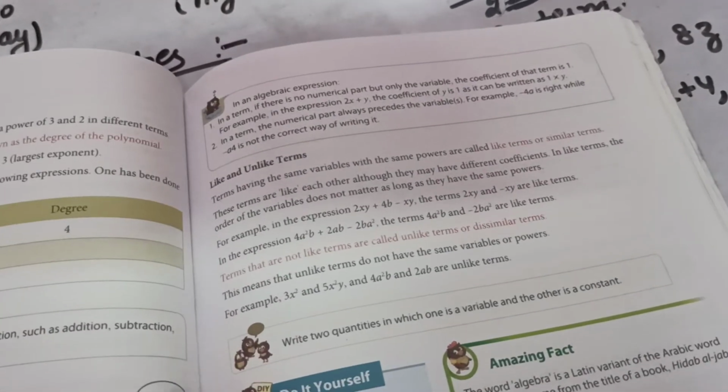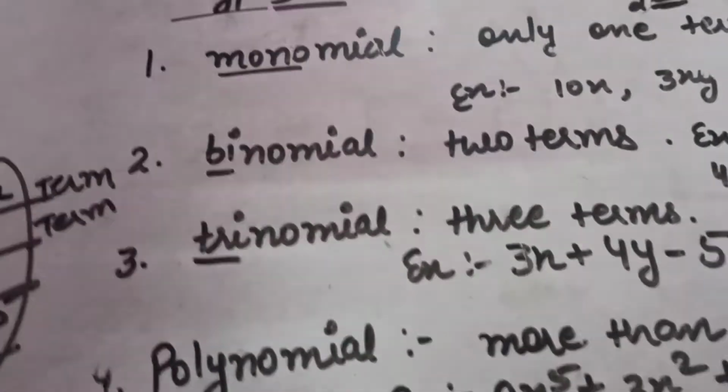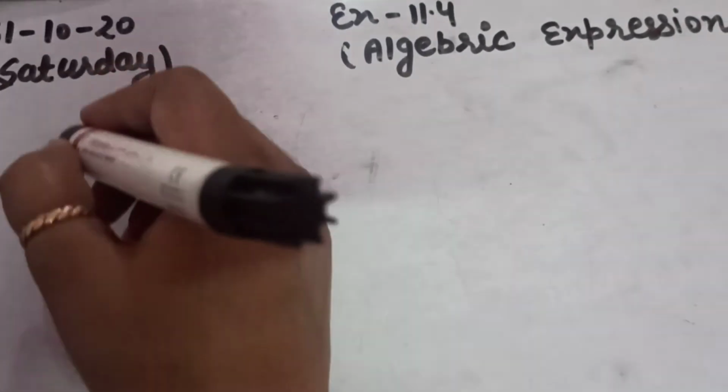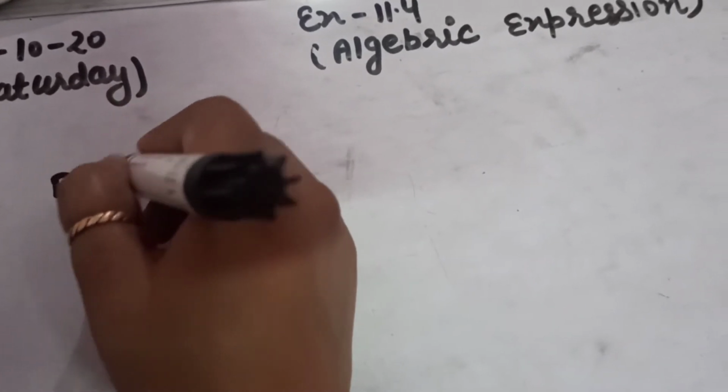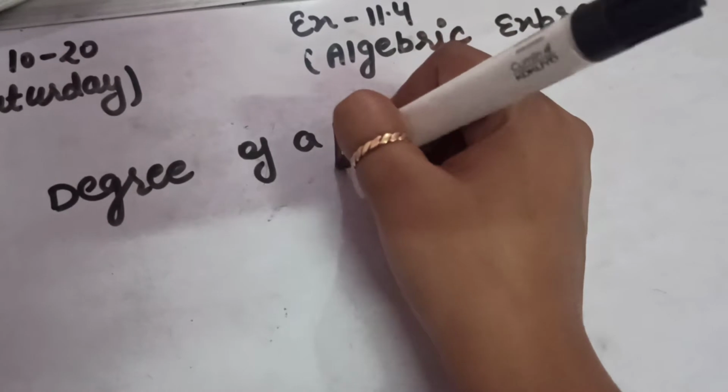After this, the next topic is the degree of the polynomial. After these types, the next point that comes is the degree of the polynomial. So what is this degree of a polynomial?